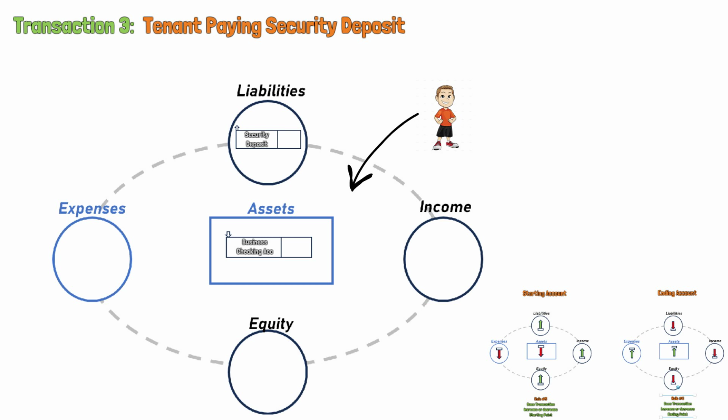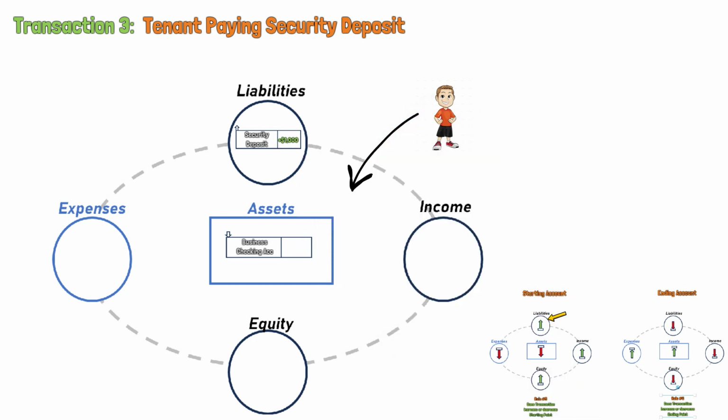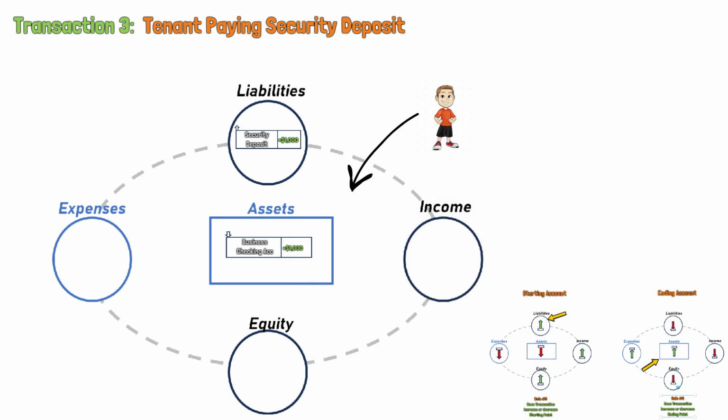Consulting our cheat sheet yet again, we see that this transaction should be entered as an increase in the starting point. So we register the $1,000 entry in the security deposit account. We also see that this transaction should be entered as an increase to the endpoint. So we move over and register the $1,000 in the business checking account, thereby concluding the entry of this transaction.